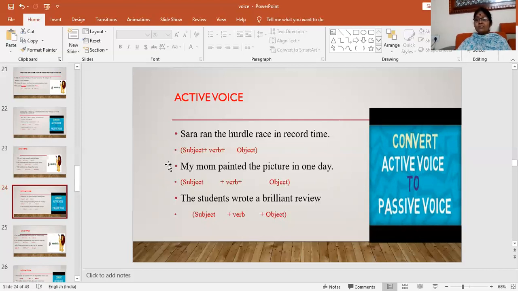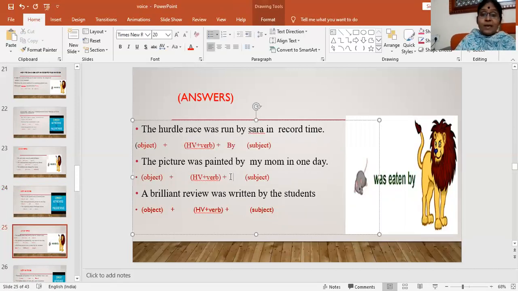Bring your object this side, bring your subject this side, make necessary changes with your verb, and then you have to have your agent by. Now check your answer. See, the picture was painted by my mom in one day. So object plus helping verb plus main verb plus by plus subject.